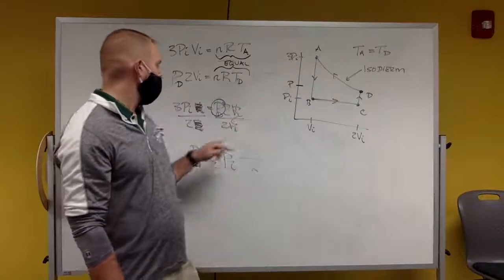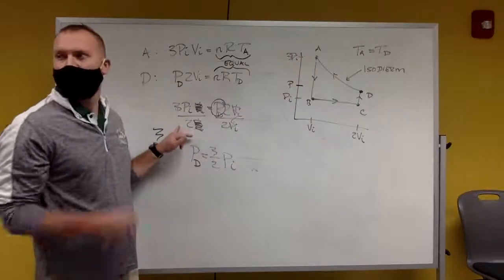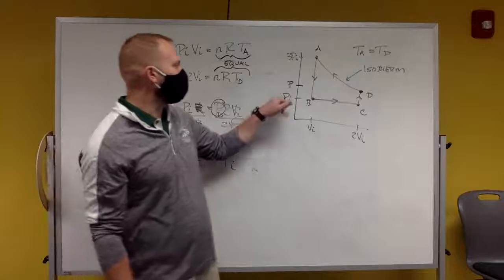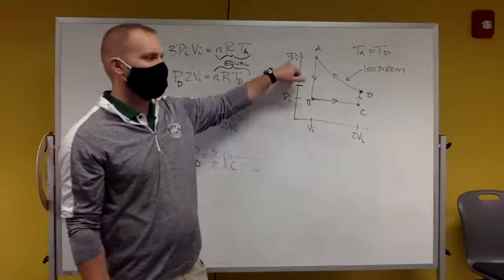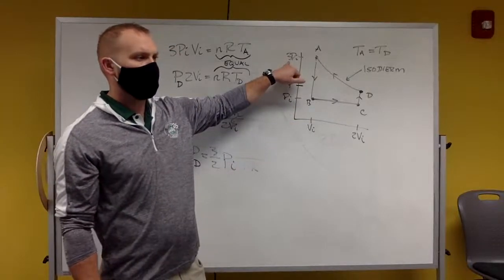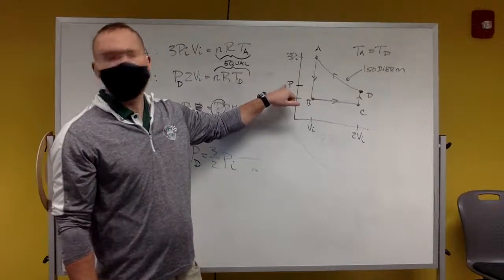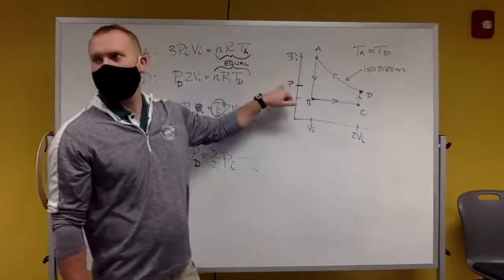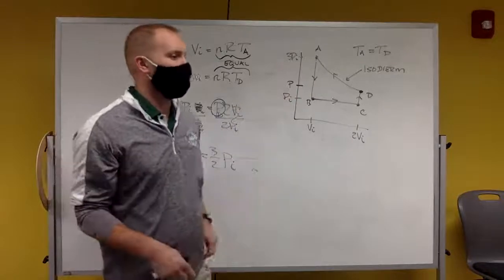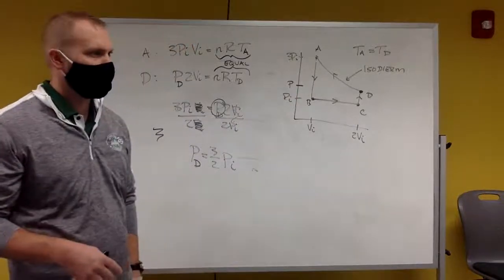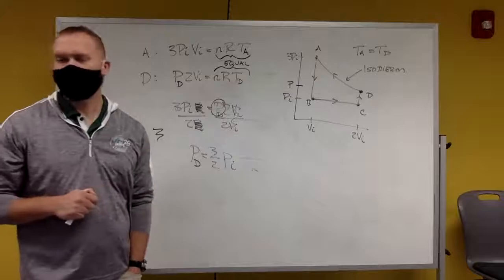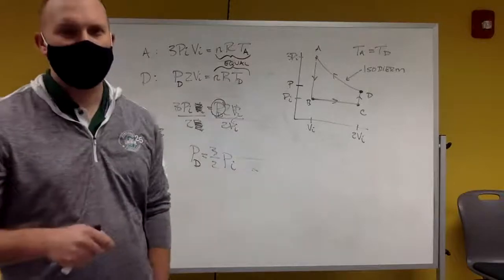So 1.5 makes sense. It also makes sense because it's closer to 1 than it is to 3. It's half a PI bigger here, or 1.5 less here, and that makes sense based on what the graph actually looks like. Cool with that?